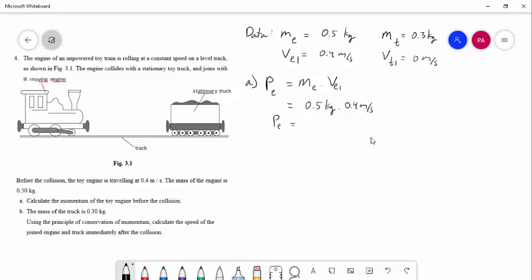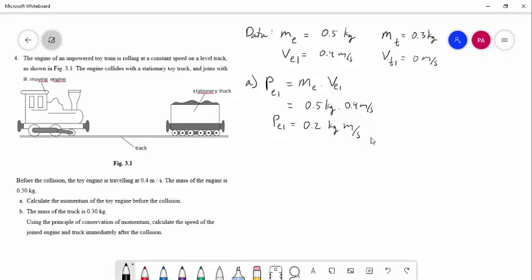It's equal to 0.2 kilogram meters per second. This is the momentum of the toy engine before collision.